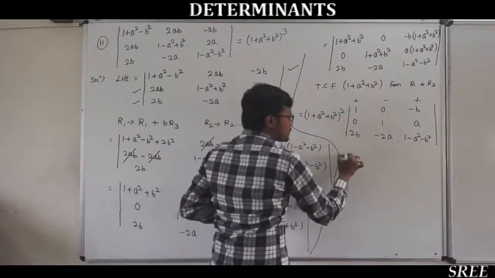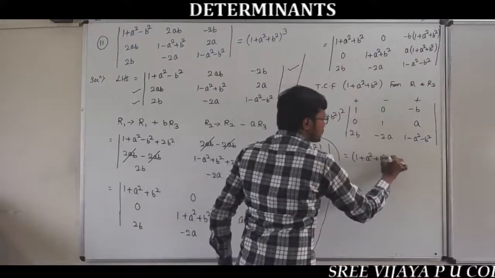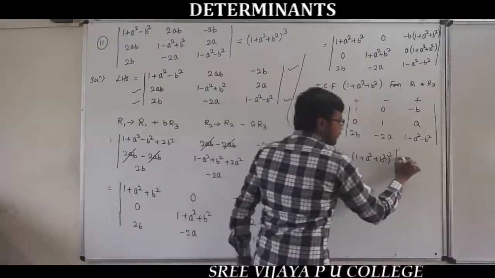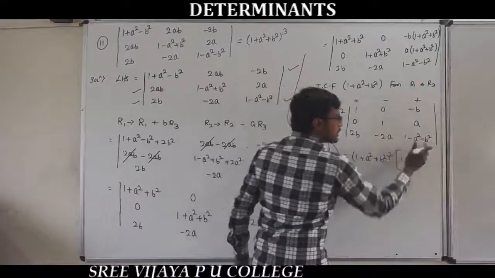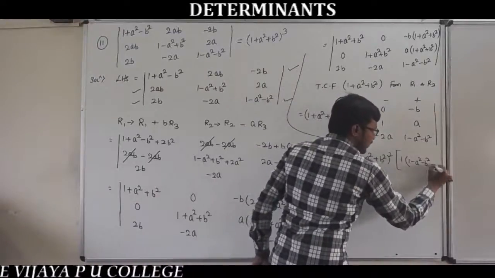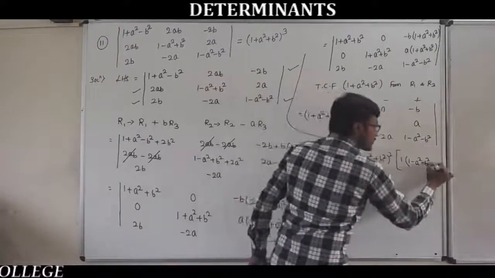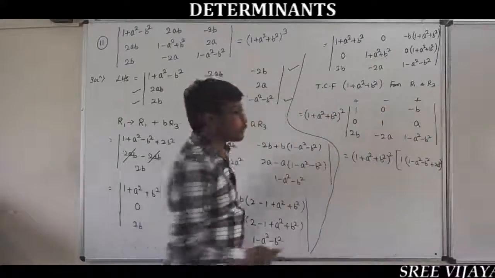Okay so that equals to 1 plus a square plus b square whole square into, for the one we can leave the first row first column, 1 into this one, means 1 minus a square minus b square, minus a into minus 2a, minus 2a square, alone minus is the plus side, so it becomes plus 2a square. Okay note first, correct again.